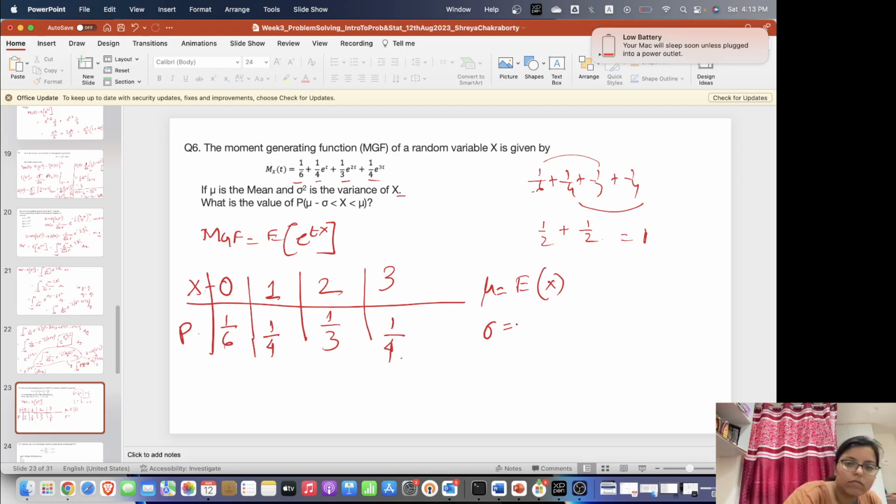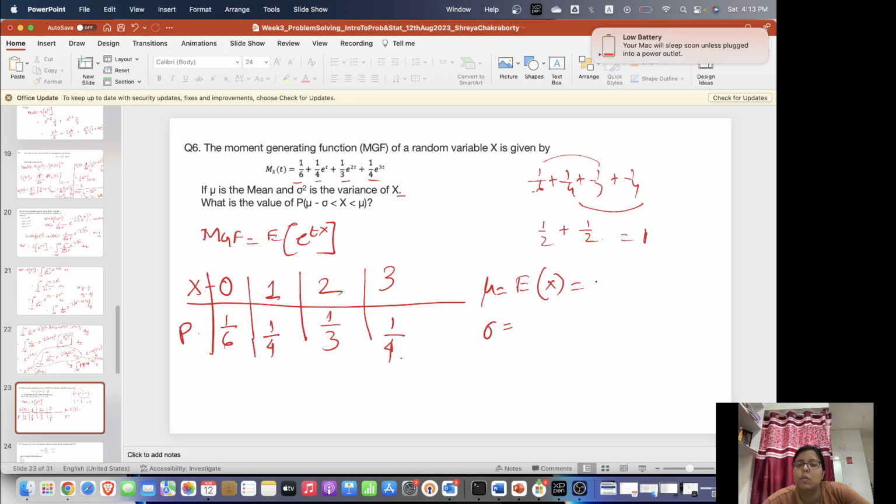Is it 5/3 then? 5/3. So expectation, how did you calculate? All the x values into their respective probability values, we'll have to add. So 0 into 1/6 plus 1 into 1/4 plus 2 into 1/3 plus 3 into 1/4. So this is 1/4 plus 2/3 plus 3/4, 1 plus 2/3, that is 5/3.